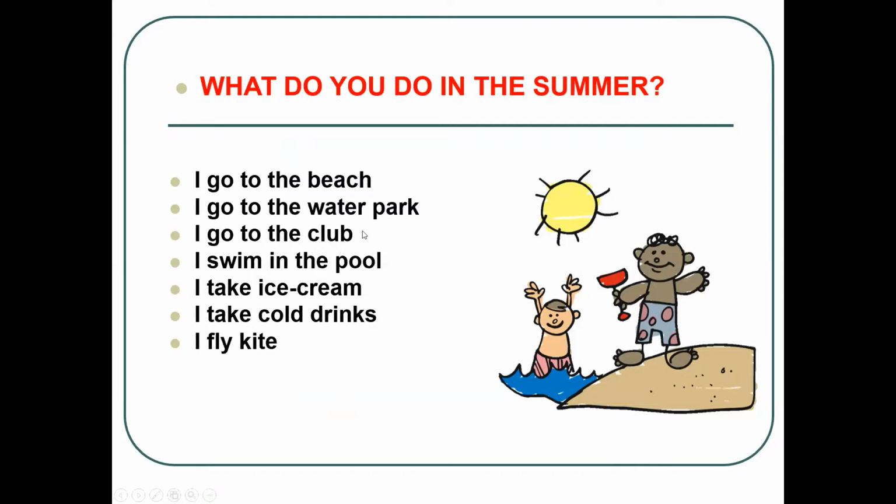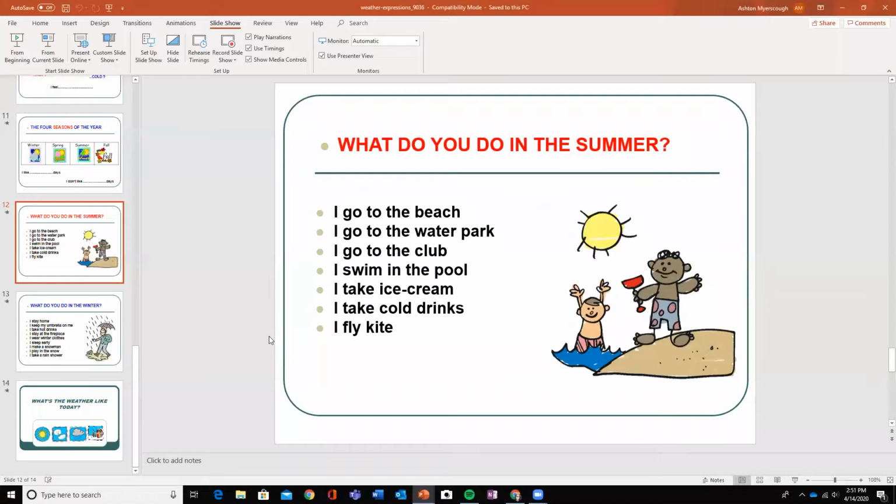Let's say I go to the park. I swim in the pool. I take ice cream. Usually we'd say I eat ice cream. I take cold drinks. I fly a kite. So there are some things we do in the summer.